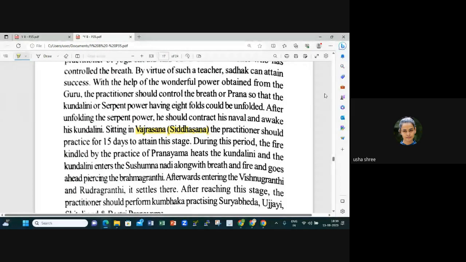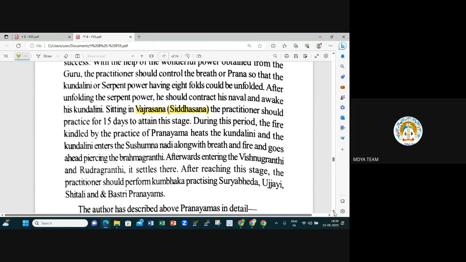Brahma Granthi, Vishnu Granthi, Rudra Granthi. Very good. So here he just tried to tell Lord Siva, if you practice Vajrasana, then it will be more easy to waken up your Susumna Nadi, or it will clear your Susumna Nadi and you will awake your Kundalini.